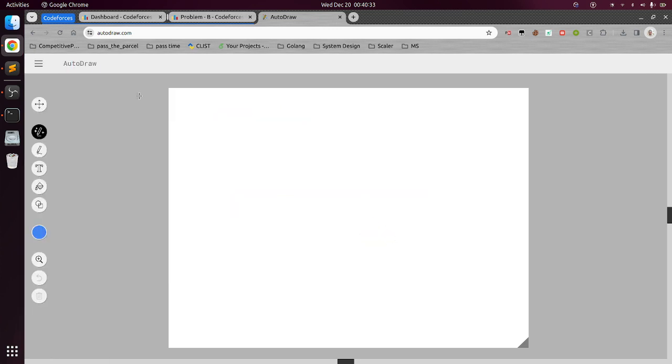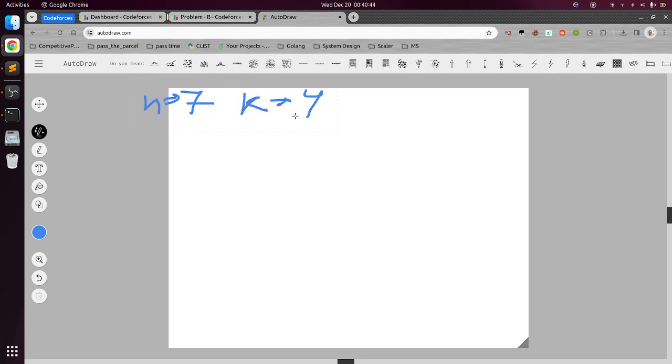So what we can do is take an example of a greater n. If n is 7 and your excitement level is 4, then there are many ways to get this answer, and multiple answers exist.